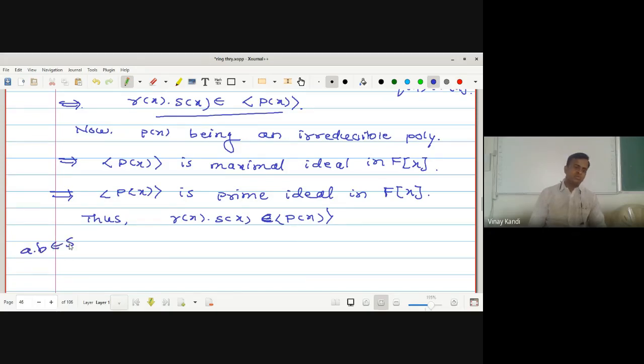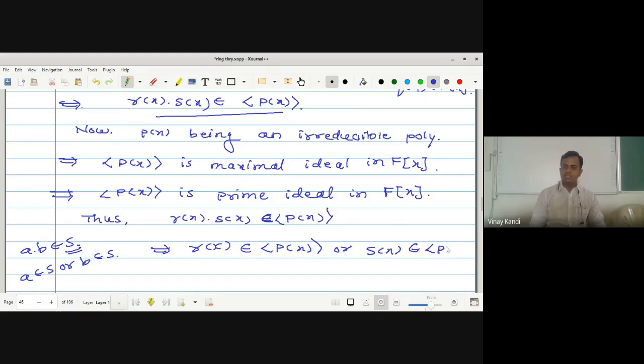If a into b belongs to s, what is the definition of prime ideal? Either a belongs to s or b belongs to s. So what it implies here? Either r of x belongs to ideal generated by p of x, or s of x belongs to ideal generated by p of x.